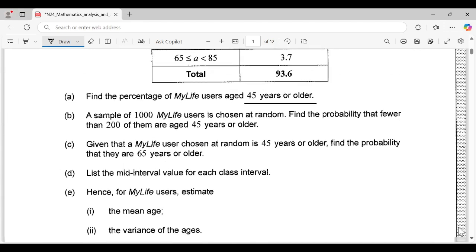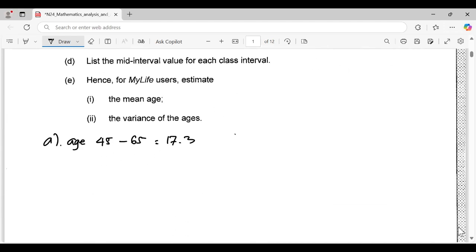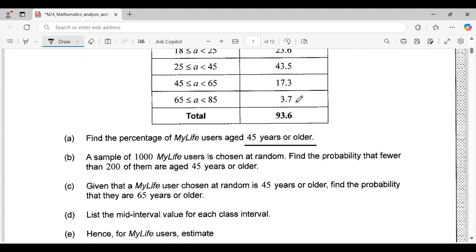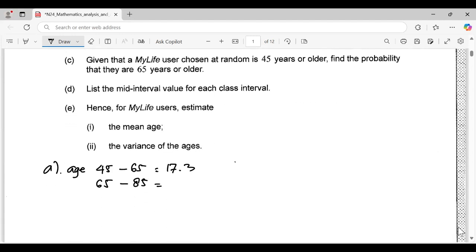And age 65 to 85 is, wait, check once more, 3.7. Not 37, sorry. 3.7.